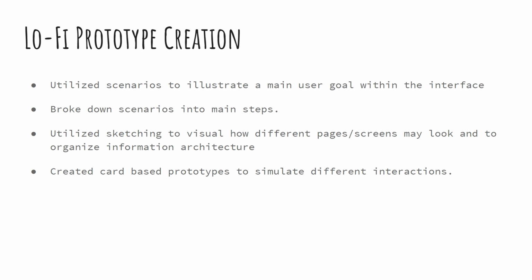I would sketch out what I thought it should look like, and then think about my scenarios for how a user would accomplish a specific goal, and then I would break that into a card-based prototype so I could change the screen and see how a user would get from point A to point B.